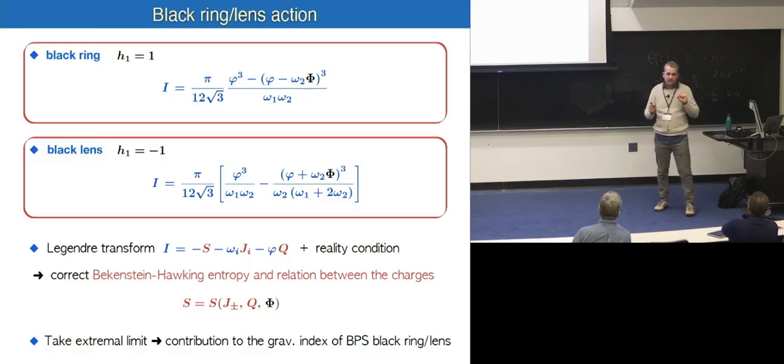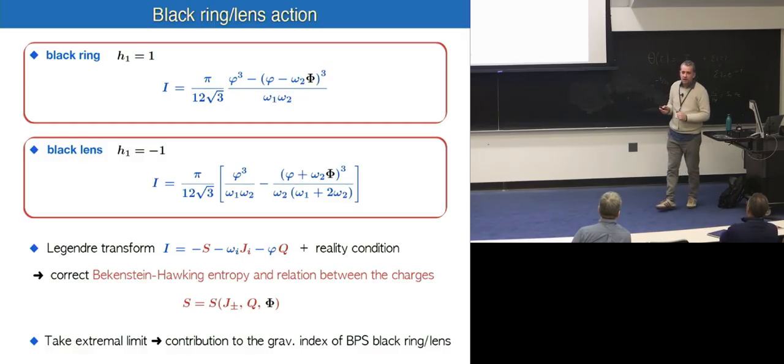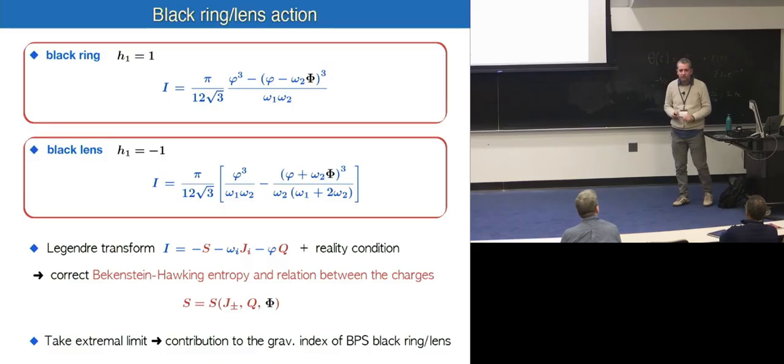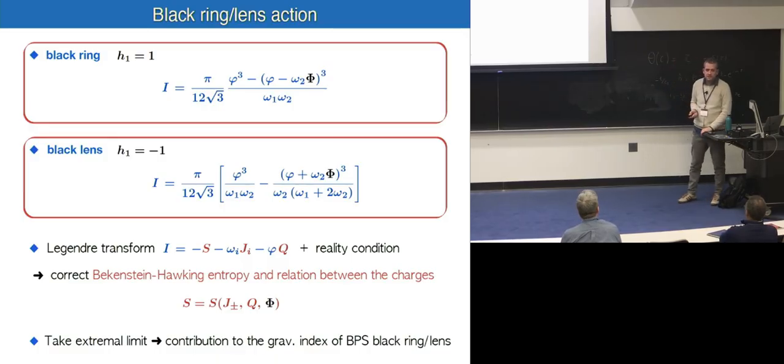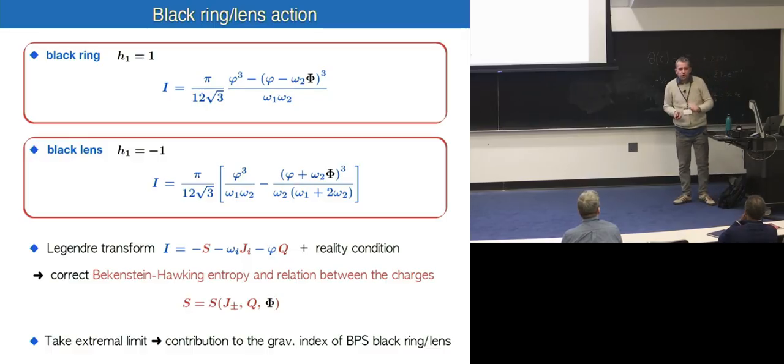Now, whether the value of the chemical potentials can be the same, so that they compete for these fixed chemical potentials, is to be seen. Because, for instance, for the black hole, these chemical potentials must be real if you want to have real charges, while for these black rings, they exist in different regimes of the chemical potentials in principle. But there may be overlapping regimes. This is something we have not really studied in detail, but in principle, they may compete in this grand canonical ensemble. And I'll maybe make some more comments at the end.